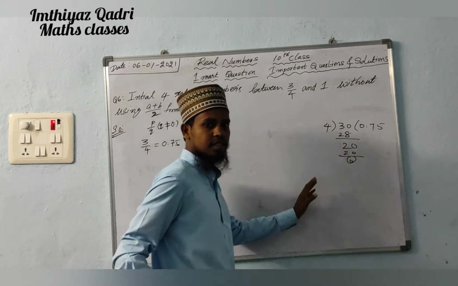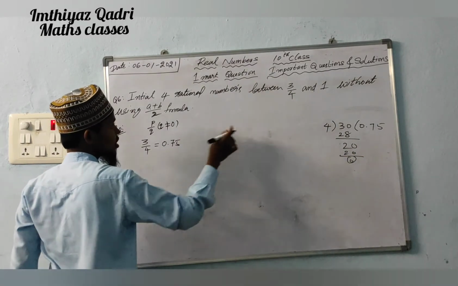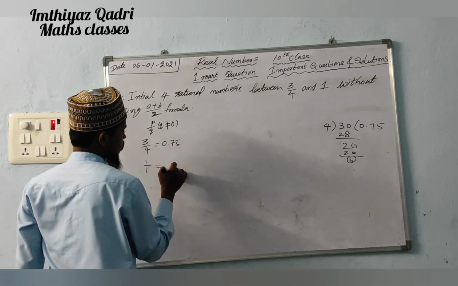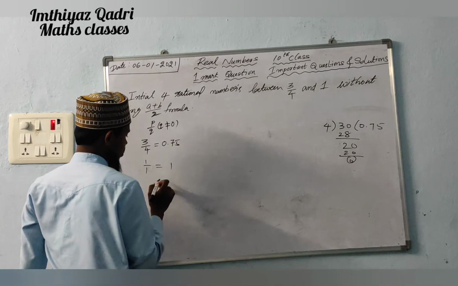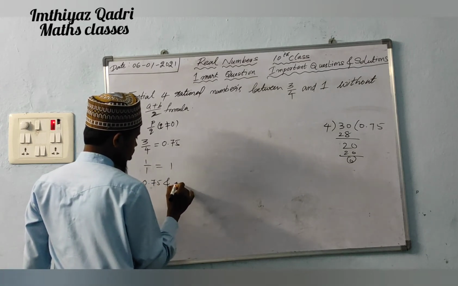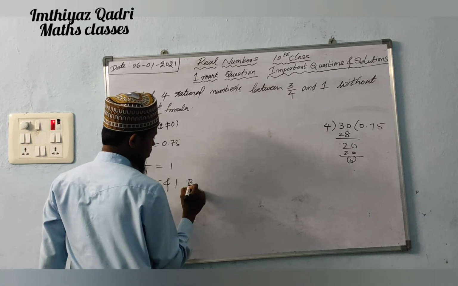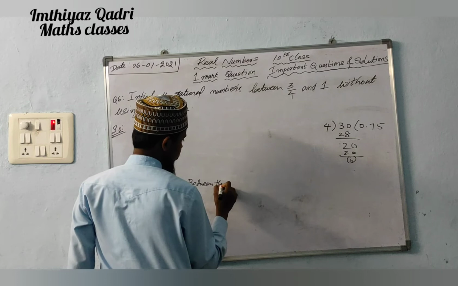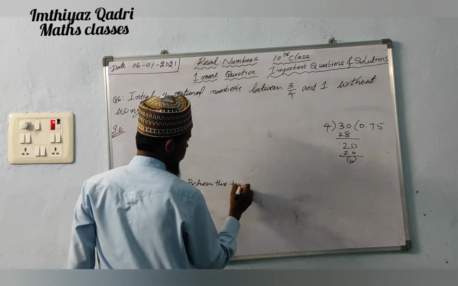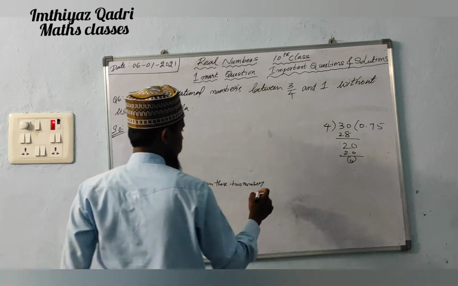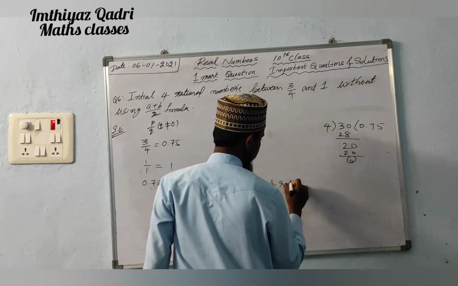Now understand. Another number is 1, and 1 by 1 is equal to 1. So between 0.75 and 1, we need 4 rational numbers.